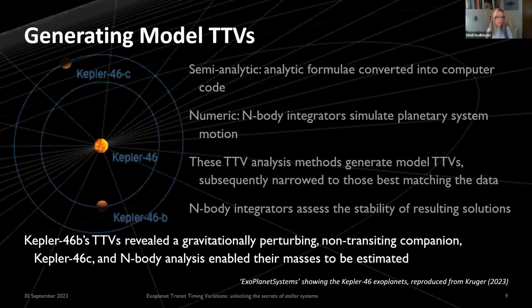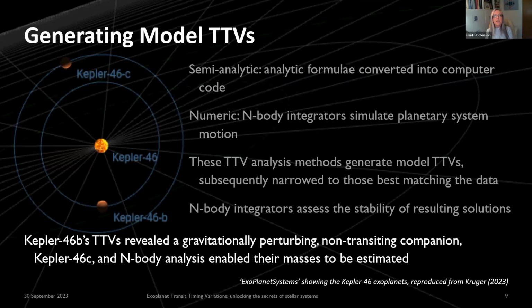but it is useful as an initial check. And now we can find out what orbital parameters of what combination of exoplanets computationally generated those model TTVs that best match the observational data and remain stable. For example, TTV data from the transiting Kepler-46b indicated the presence of a gravitationally perturbing companion.